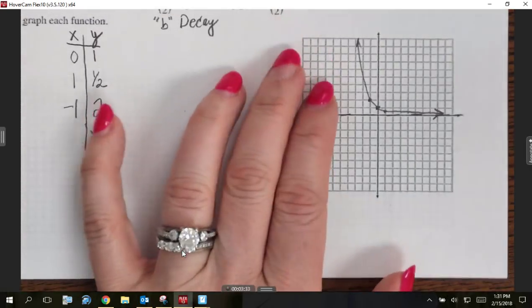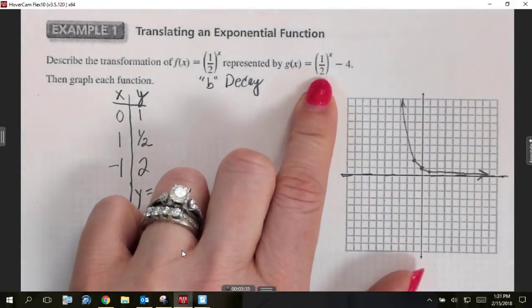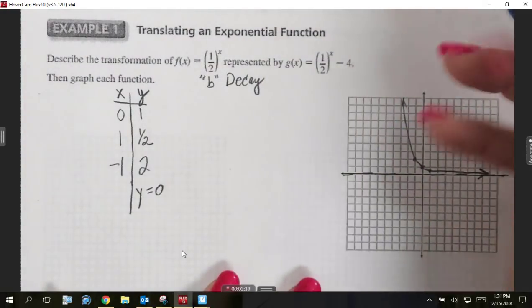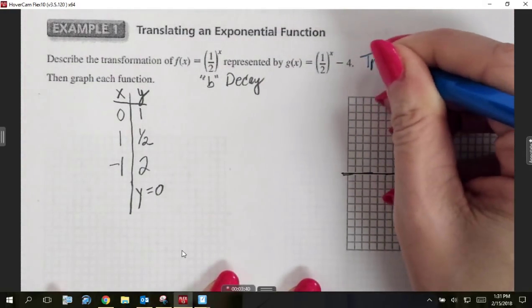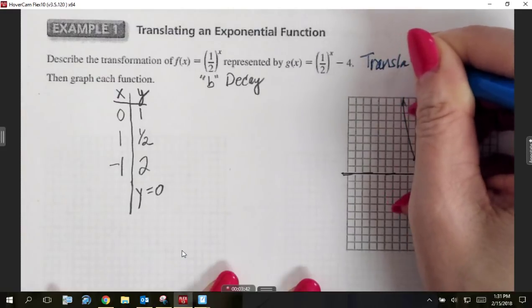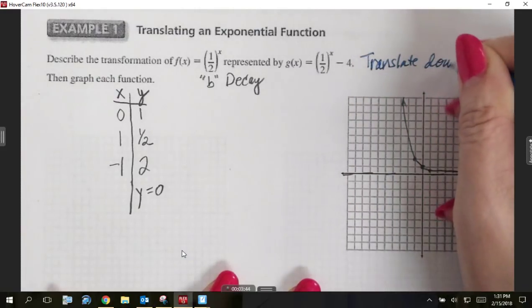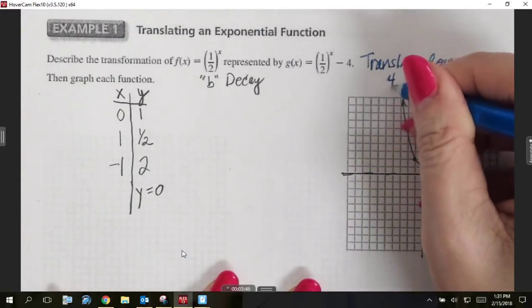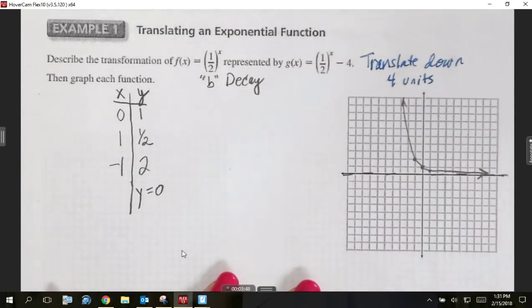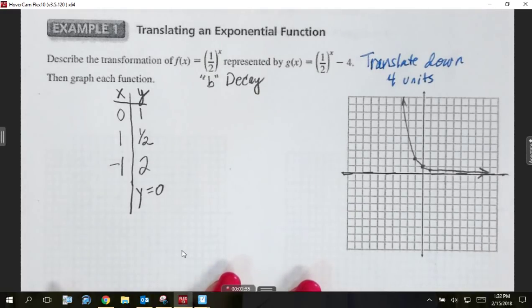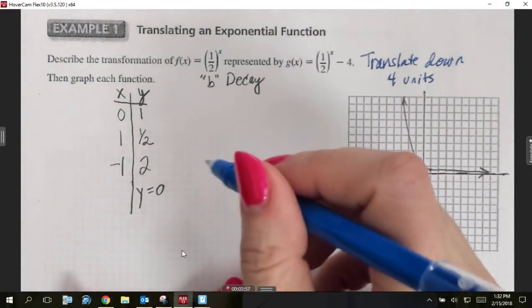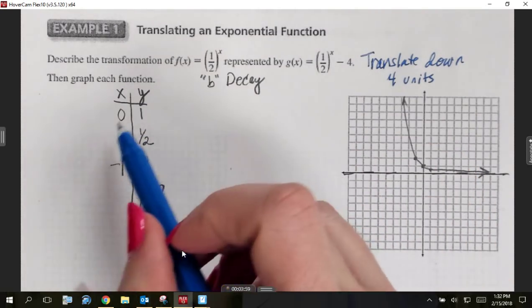Now, our transformation. What does the -4 do? Translate, thank you for saying the correct word. Translate down how many? 4 units. Now, you could just use the graph and take every point and move it down 4 units. I'm going to use the table, just to make sure everybody knows what to do. If I'm translating it down 4 units, does that go to my x's or my y's?